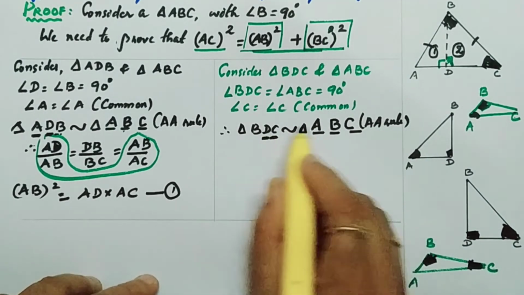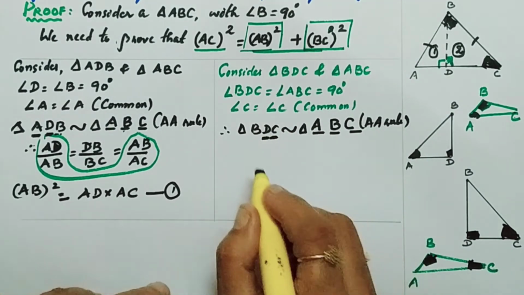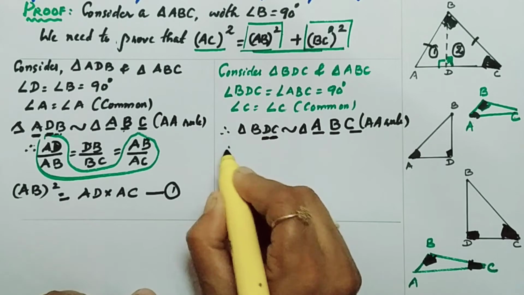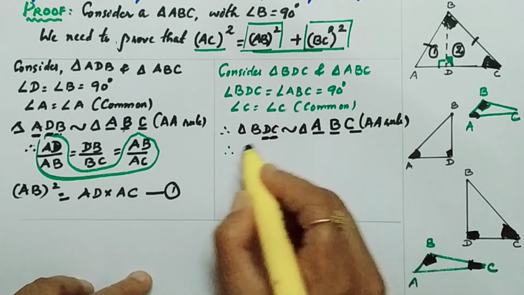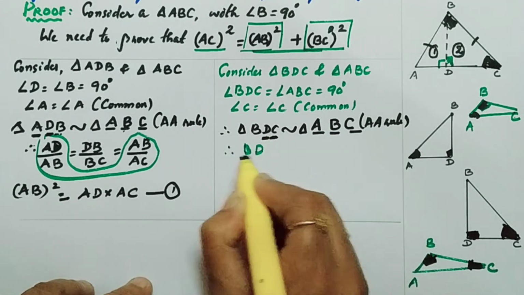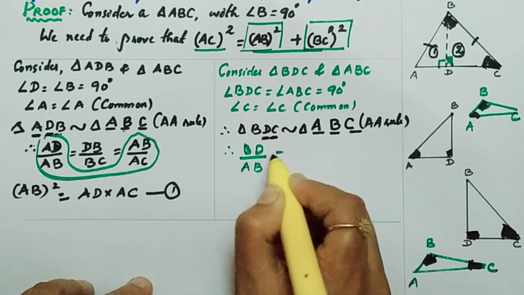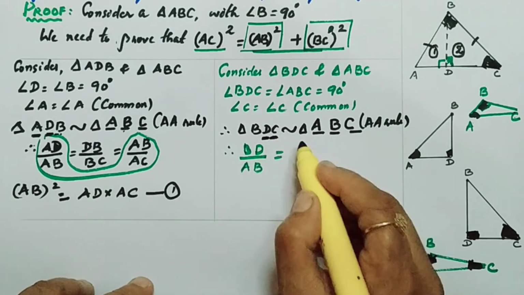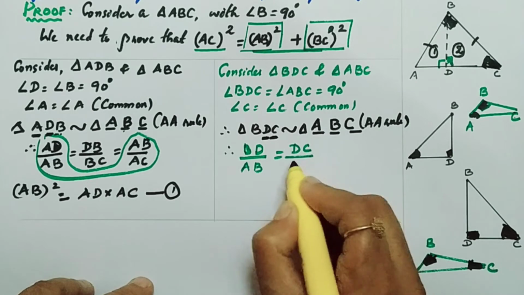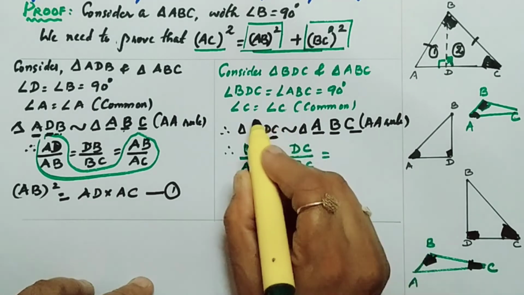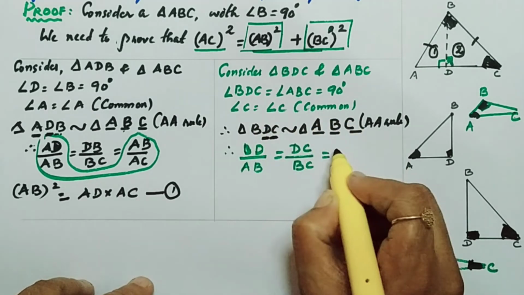Then, look at the right side, you want BC square. If two triangles are similar, the ratio of their sides are equal. Therefore, I am going to take the ratio BD by AB, taking two letters at a time, equals DC by BC, equals BC by AC.